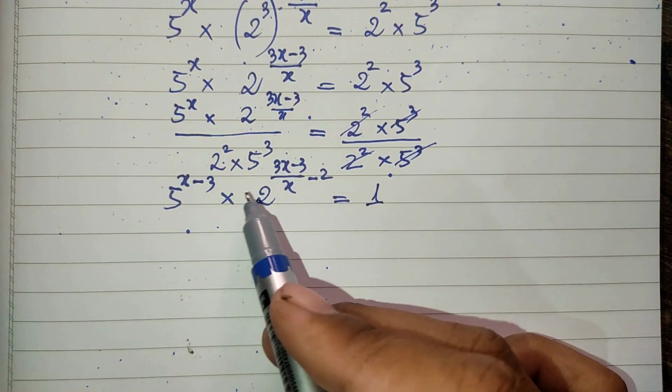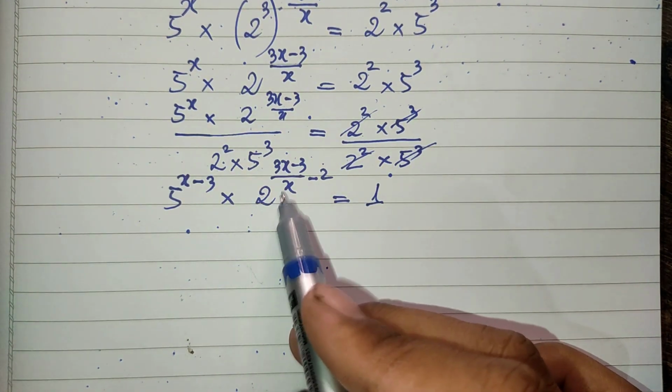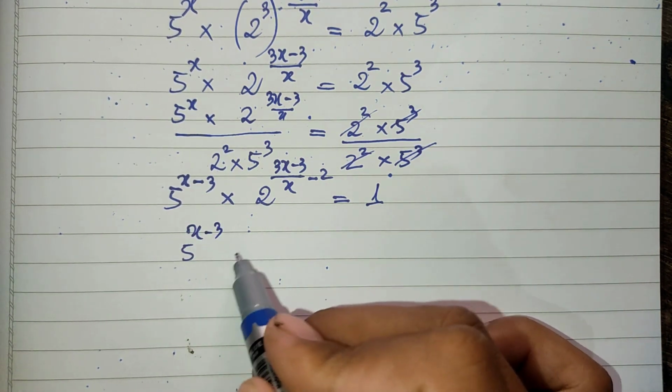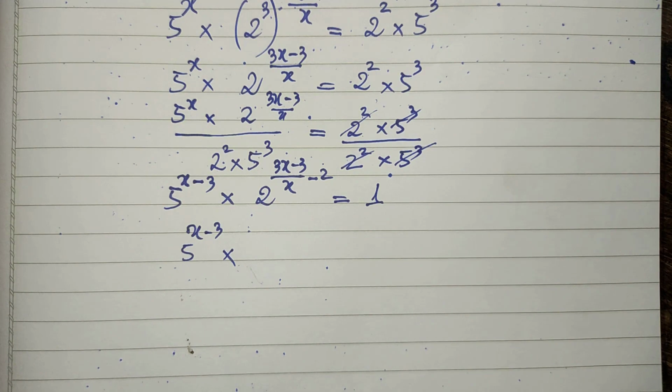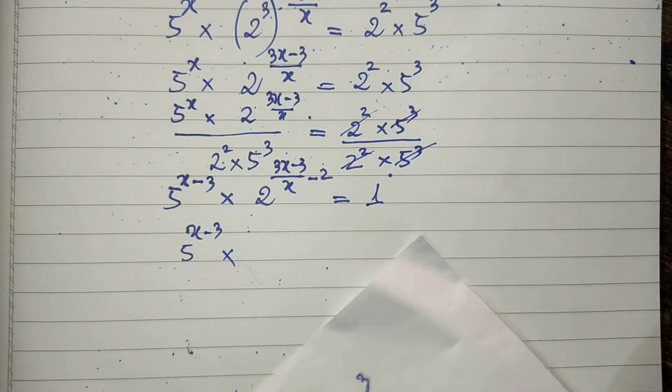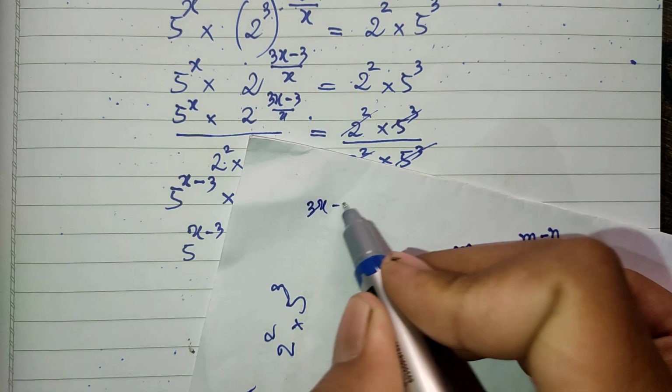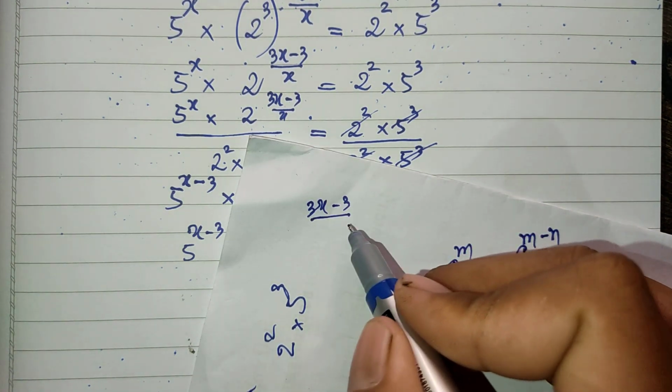Now I see 5 power (h minus 3) multiplied by 2 to the exponent (3h minus 3) divided by h minus 2. The denominator is h, so we get 3h minus 3 minus 2h, which is h minus 3, divided by h.